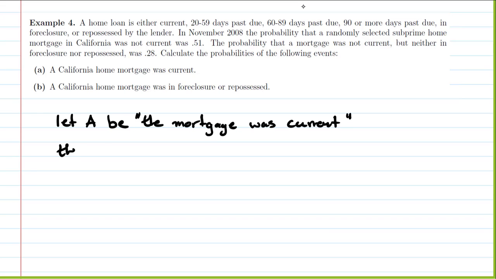So then A prime would be what? So what is the complement or the opposite of that event? If the mortgage was current, then its complement is the mortgage is not current.